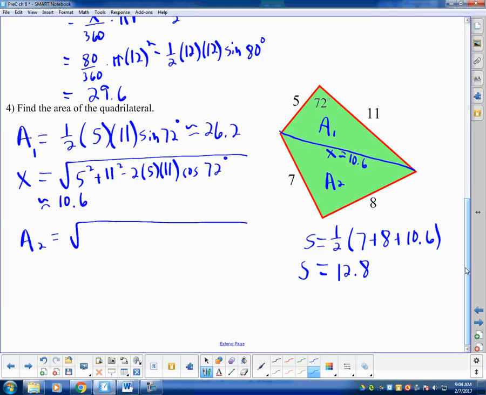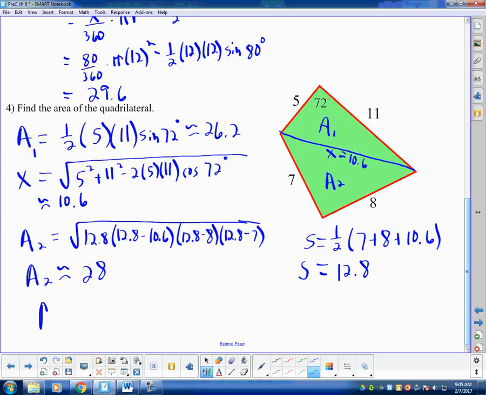So we've got a semi-perimeter of 12.8, so I pop in my semi-perimeter of 12.8, and then do a subtraction problem of 12.8 minus each of the 3 side lengths. And notice it's a product in here. There's no plus signs in between the parentheses or anything. And so area 2 is about equal to 28.